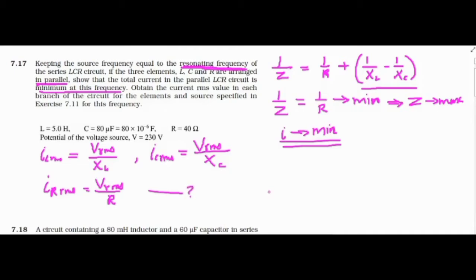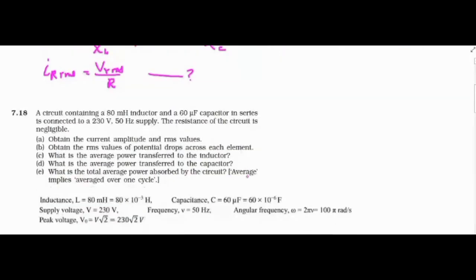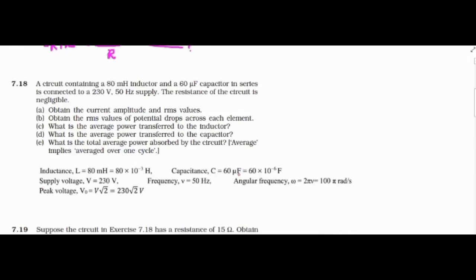Next, we can have question 80. A circuit containing 80 millihenry inductor and capacitor connected in series, VRMS 230 volts, 50 hertz power source.